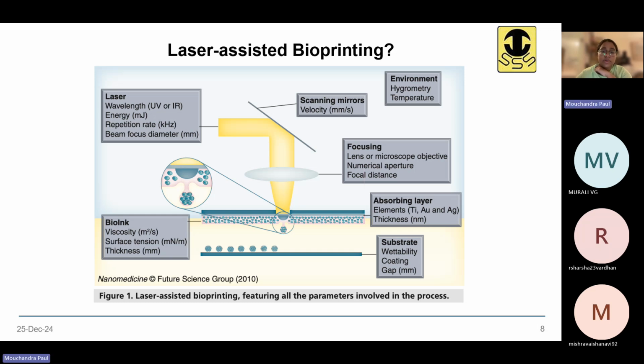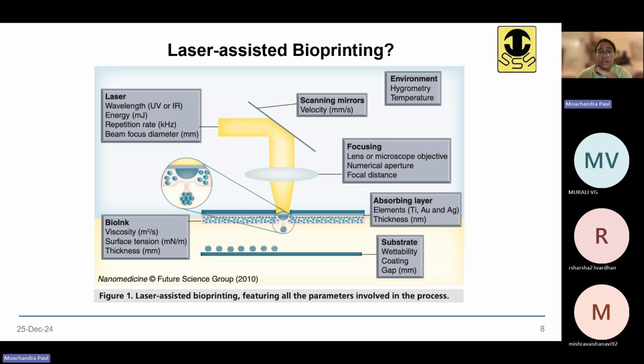So in the boxes, they are showing some key parameters that can affect the process. We already discussed the laser type, right? You can use UV and IR. The repetition rate or the pulse rate also affects the process. Then you can use a lens for focusing.